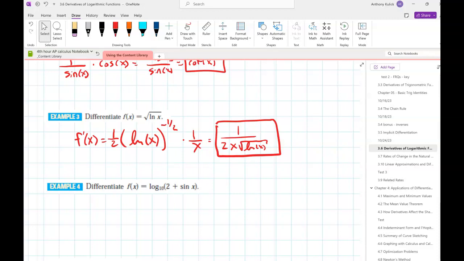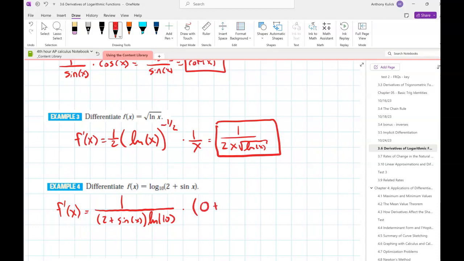So the derivative of the outside, log base 10 of x, is 1 over the inside times the natural log of 10. And then I have times the derivative of the inside, which would be? 0 plus cosine x, or just cosine x.